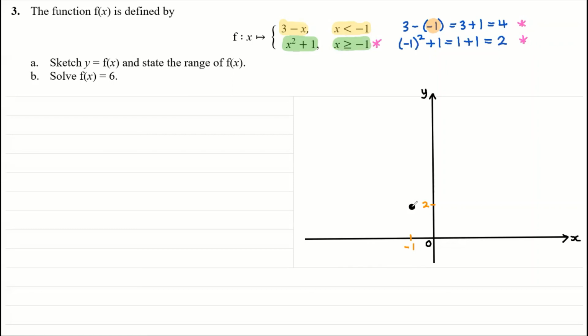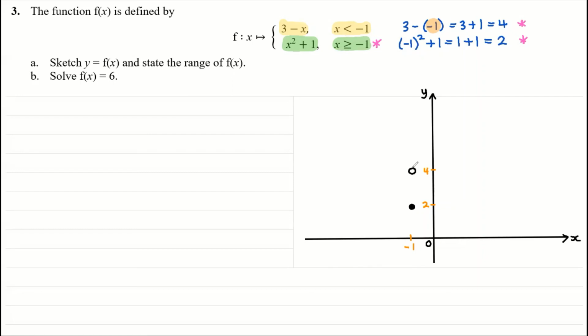And we're also aware that for the first rule, the 3 subtract x, if I put in 4, that is not a point on the curve. So I'm just going to indicate that on my diagram by putting a hollow circle, okay, to show that point is not included. But we've accounted for the discontinuity on our diagram already.